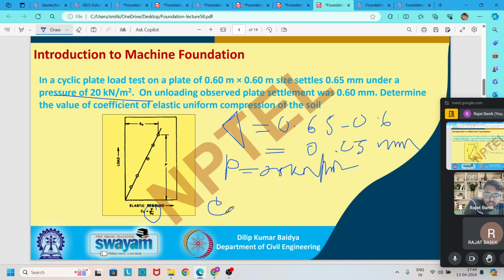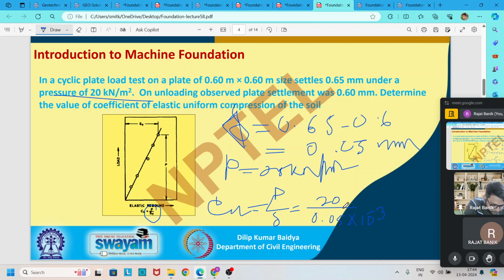So CU is equal to P by delta, which is 20 by 0.05 mm, but it is in kilonewton per meter square, so you have to convert it to meters, 10 to the minus 3.